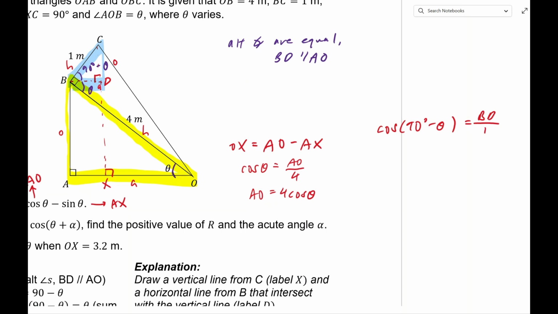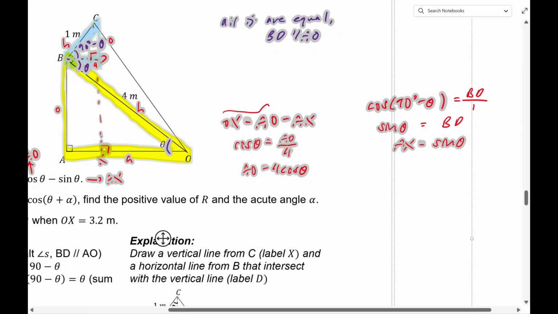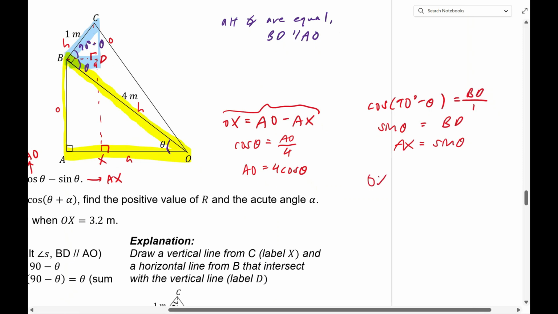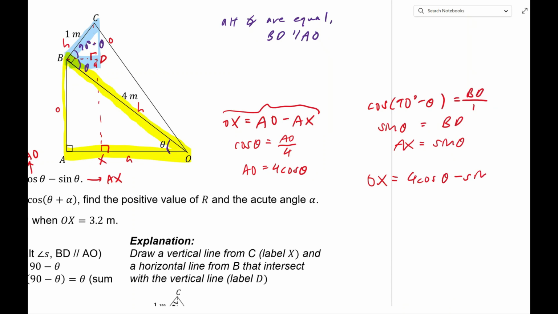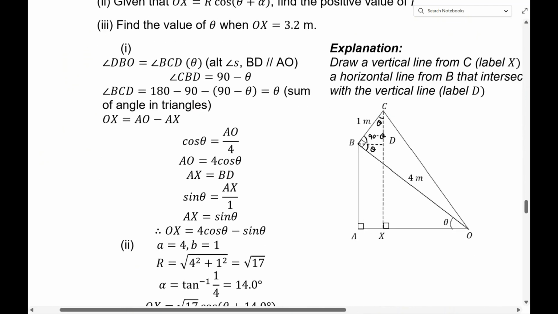And we know that cosine of (90 minus theta) equals sine theta. So sine theta equals BD. And since BD equals AX, AX will be equal to sine theta. And now, putting everything back into this equation, OX will be equal to 4 cosine theta minus sine theta. And therefore, we have shown our answer in part 1.